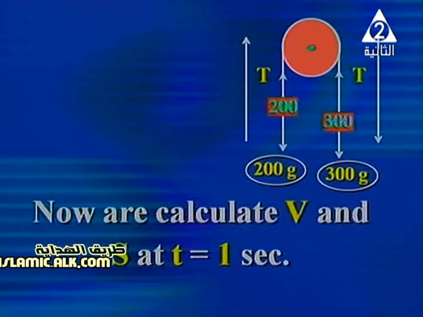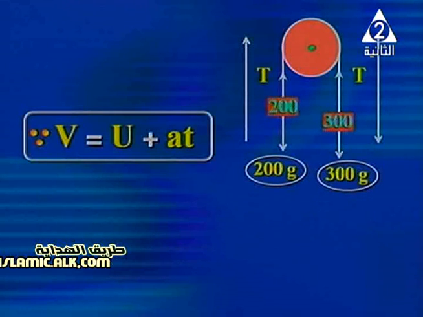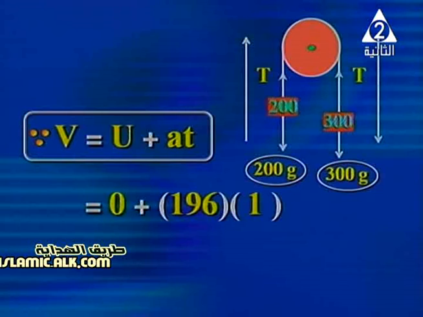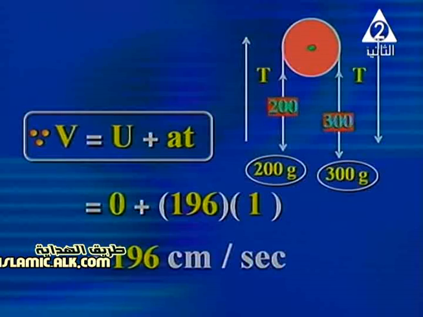After that, calculate the velocity and the distance at time equals 1 second. Remember, dear student, the first Newton law is v equals u plus at. By substitution, initial velocity equals 0, acceleration 196, and from the given t equals 1, then v equals 196 centimeter per second.